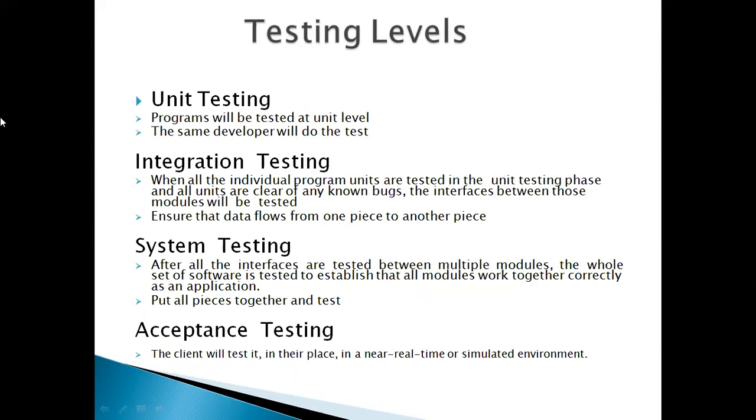Then acceptance testing: after the system testing is done and the whole application is working fine, we need to do some acceptance testing from the user's perspective. Whatever the end user will do, we need to test that. That is acceptance testing. Once this testing is done, they will hand over the software to the client.